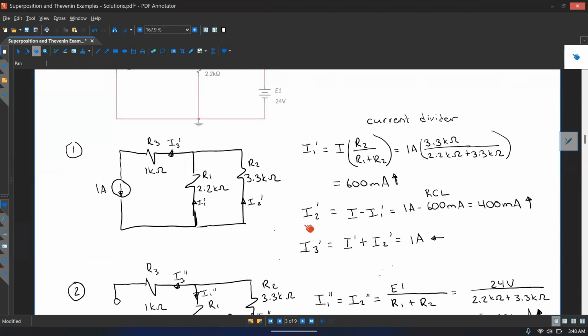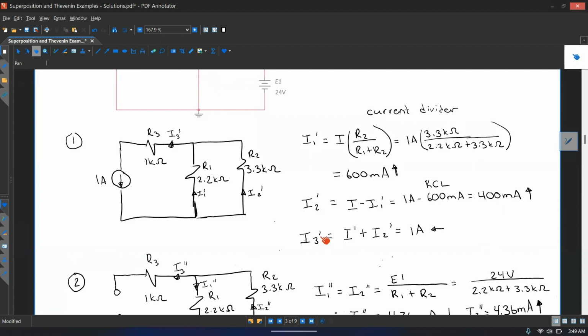For I2 prime, I just did a simple KCL. I could have done another current divider, but I know the current coming in and the current going out. If I subtract the current going out from the current coming in, I can determine the current flowing in the other branch, which turns out to be 400 milliamps. And I'm also putting the current direction going up.